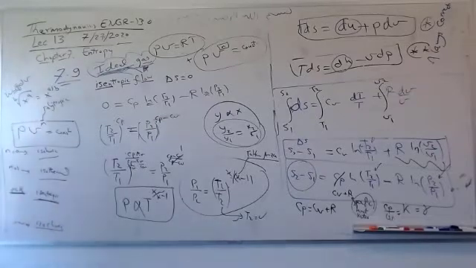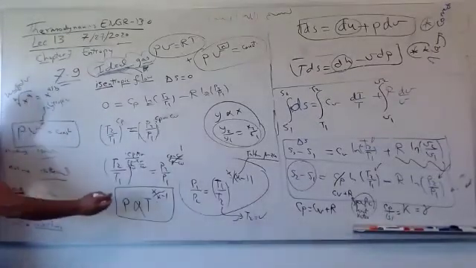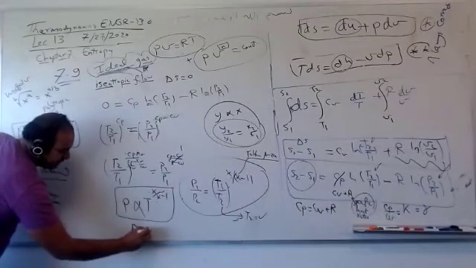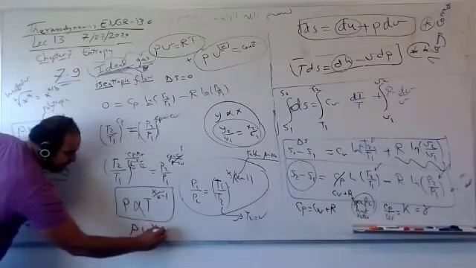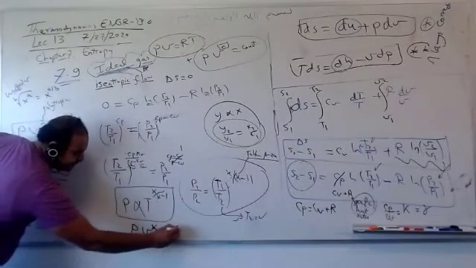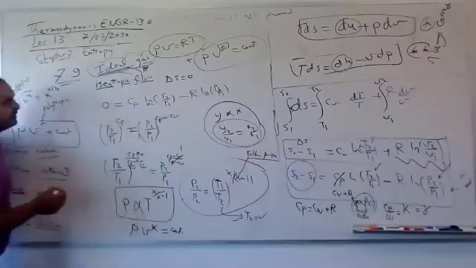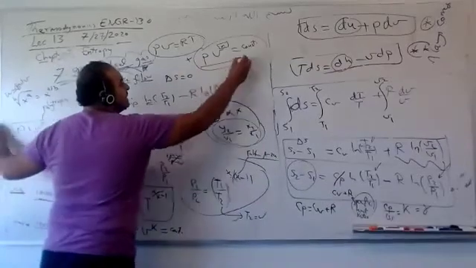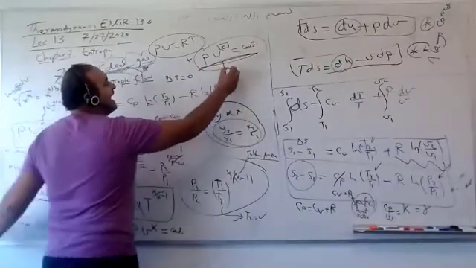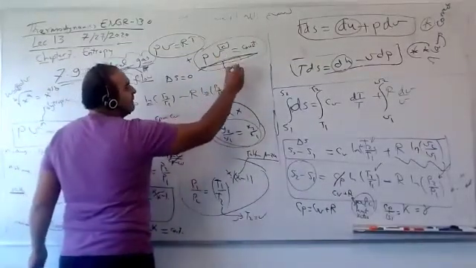Yeah. So finally, we need to go this way. PV to the K equals constant. It means pressure P is inversely proportional to V to the power K, which is this equation. This is only valid if it's isentropic. Here it is polytropic.